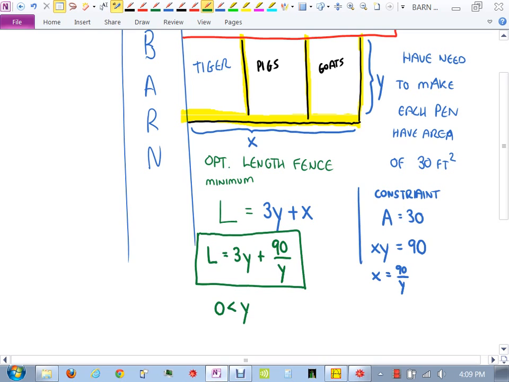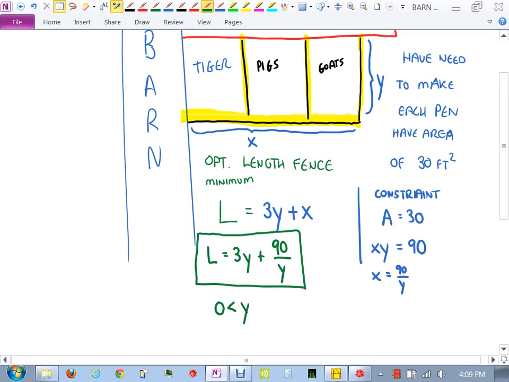Is there a maximum that y could be? I can make those pens as long as I want, right? The longer they get, the more narrow they get, right? But eventually I'll reach some restriction.